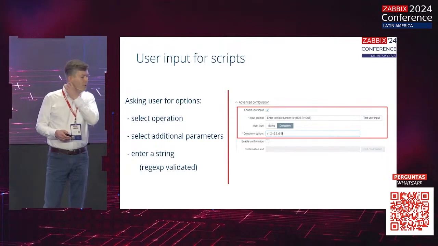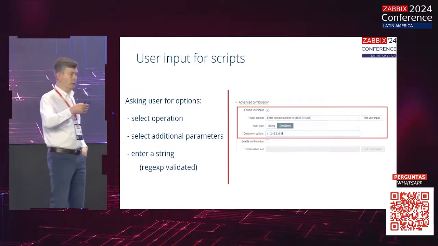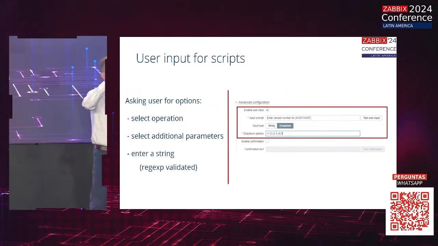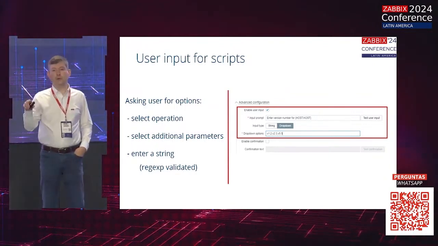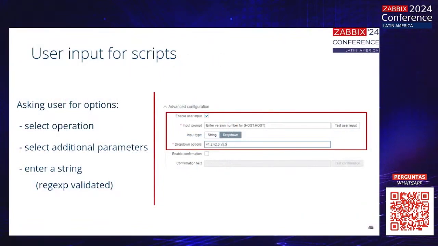Now also, when you execute a manual action, for example, you click on a host and execute some action, say I would like to shut down this host for some time, you may ask the user for what time you'd like to shut down this host.